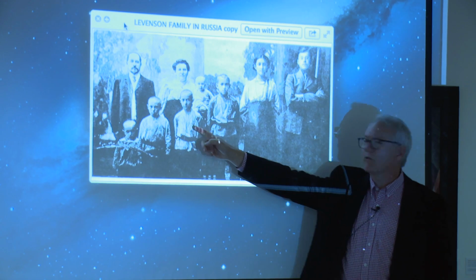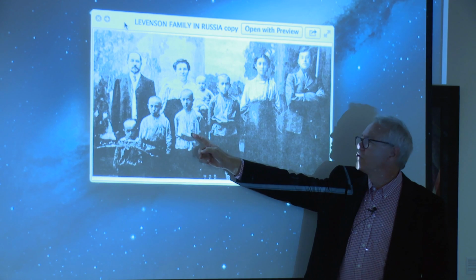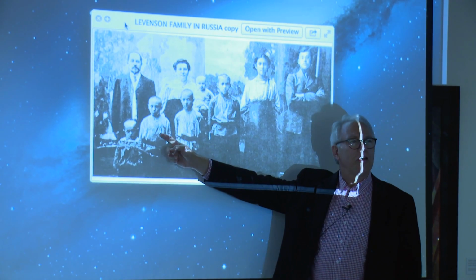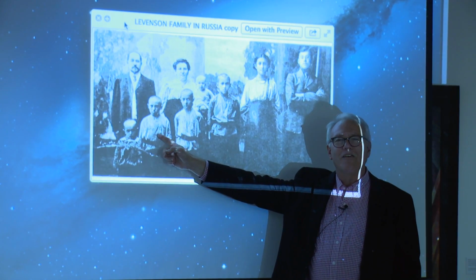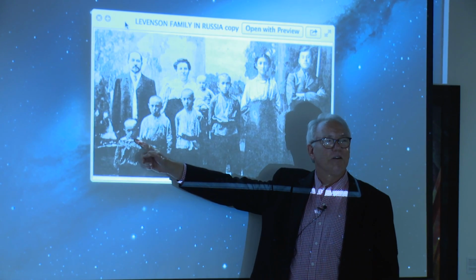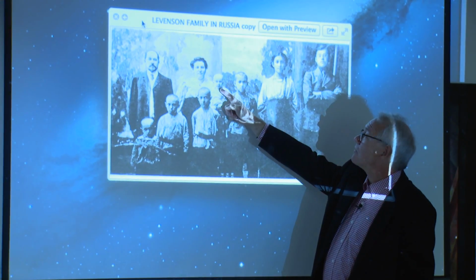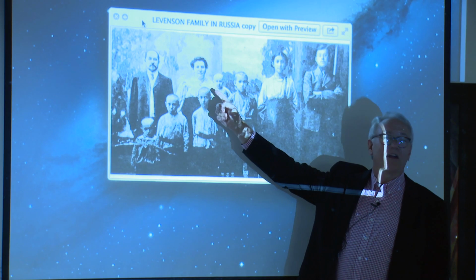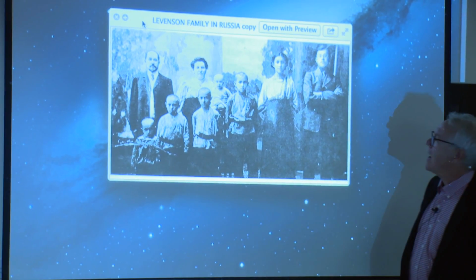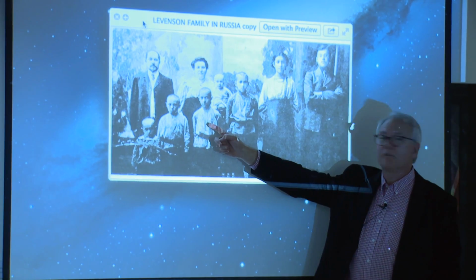How many people think this person could be the artist? Okay, we have a good show of hands. How about him? So far it's kind of a tie. How about this little palooka? About 3 hands. And how about this little guy? A couple votes. So actually the person who grew up to be the artist is this guy.